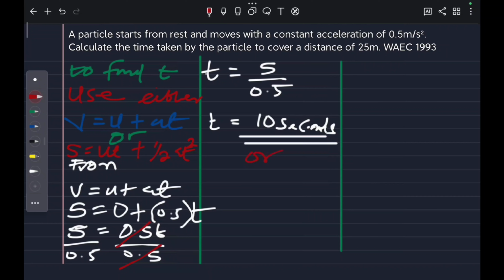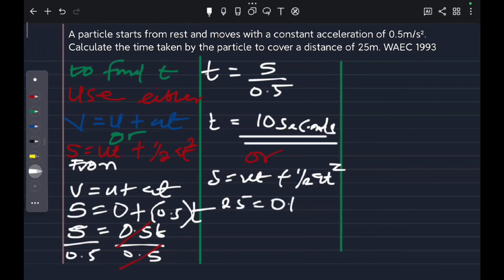Or, if we are to use the second equation of motion, which states S is equal to UT plus half AT squared, by substitution, 25 is equal to 0 plus 0.5 T squared divided by 2. I've skipped some steps.